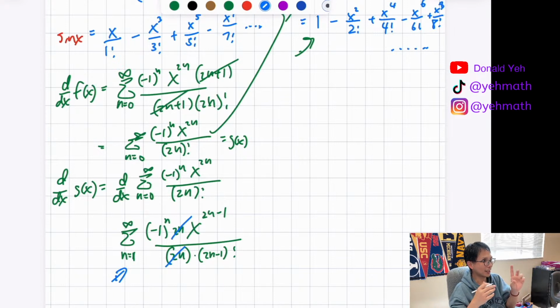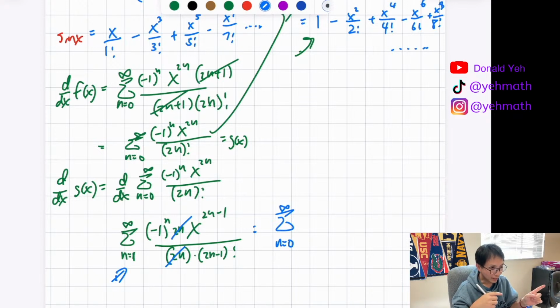Now let's apply shifting backwards. Let's rewrite this as a summation from n equal to 0. How do I write it? Go back to n equal to 0 of this, to infinity. Everywhere you have an n, because you shift it back by 1, you are going to have negative 1 to the n plus 1.